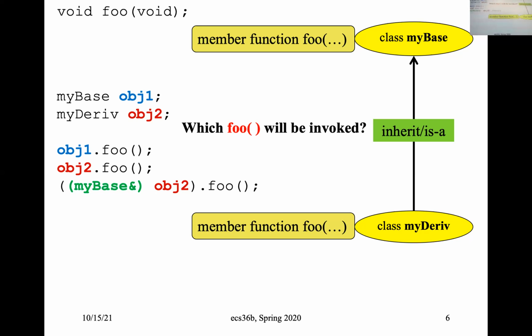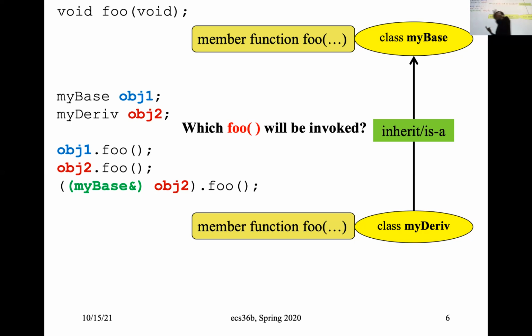And then I call foo. So I have 3 statements here. My question to you is, and this has nothing to do with virtual functions yet, it's just regular C++ single inheritance. In this case, which version of the function is each of the 3 statements going to call?